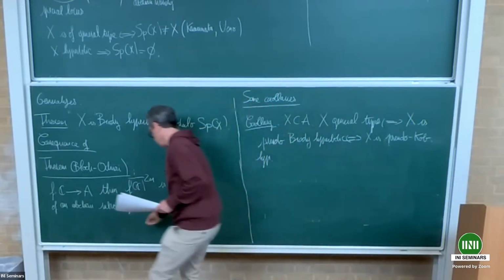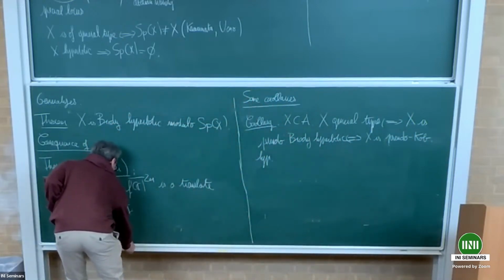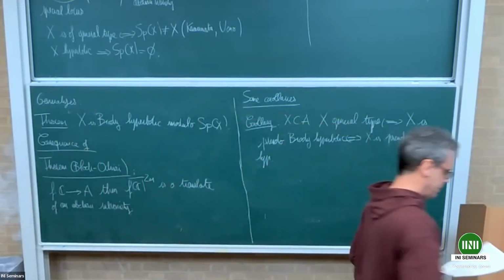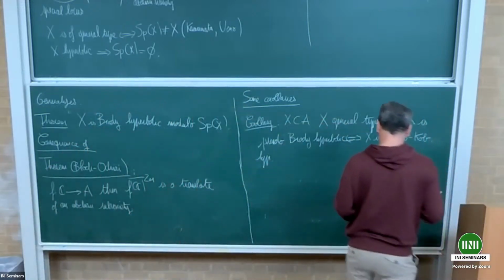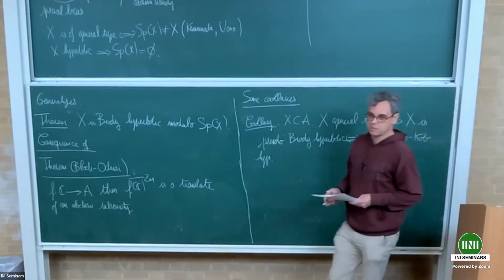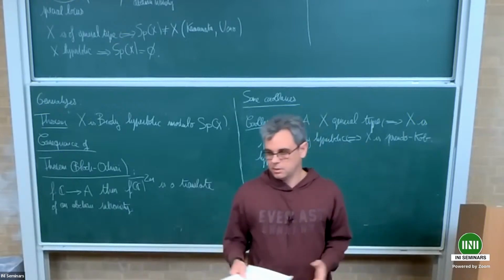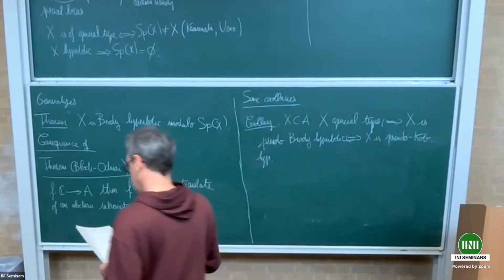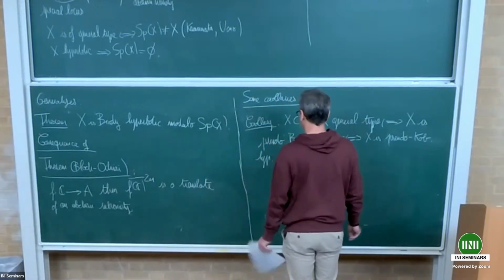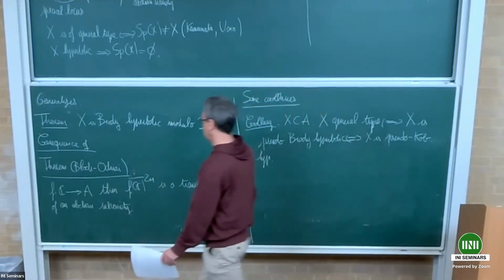This is an immediate corollary, and this is one of the settings where we can prove Green-Griffiths-Lang in this generality.